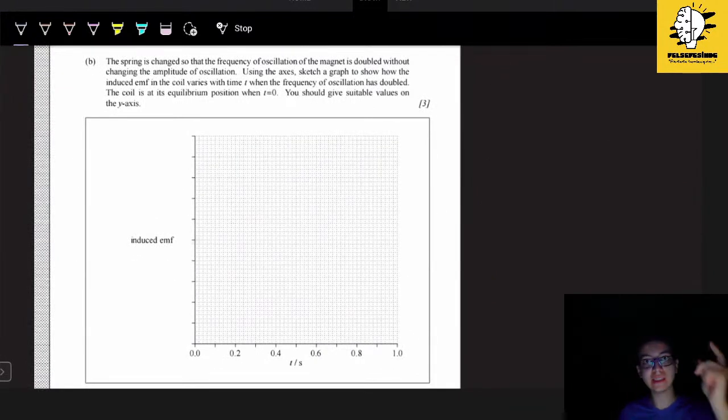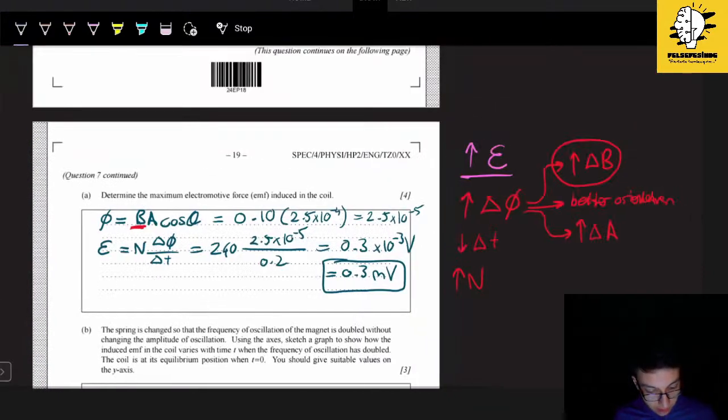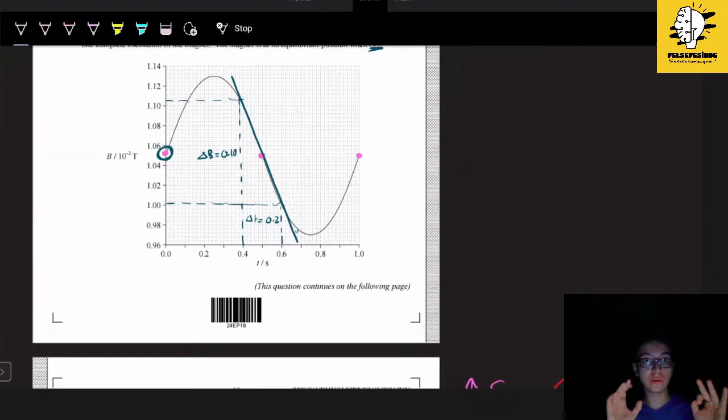So can we not say that EMF will be at the top point, the maximum point, at the beginning? Isn't this a cosine graph, cosine or minus cosine graph? Exactly, it is. So let's also identify our period.